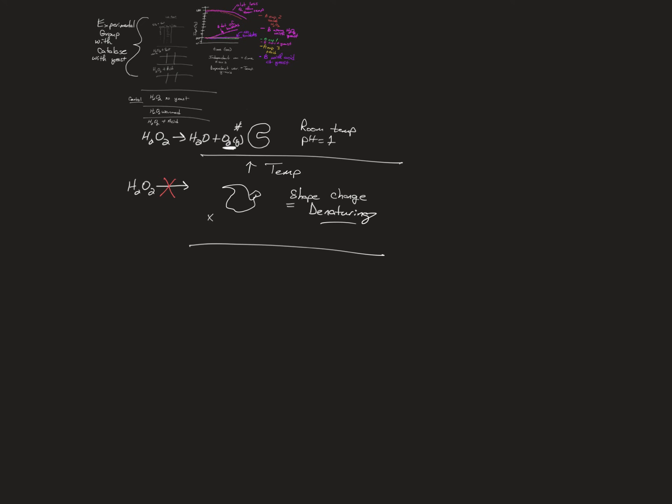So then again, you decrease pH, which makes it more acidic, which is what we did. Decrease pH, and what we get is again a conformational change, a shape change, which equals denaturing. When you denature a protein, it does not work.